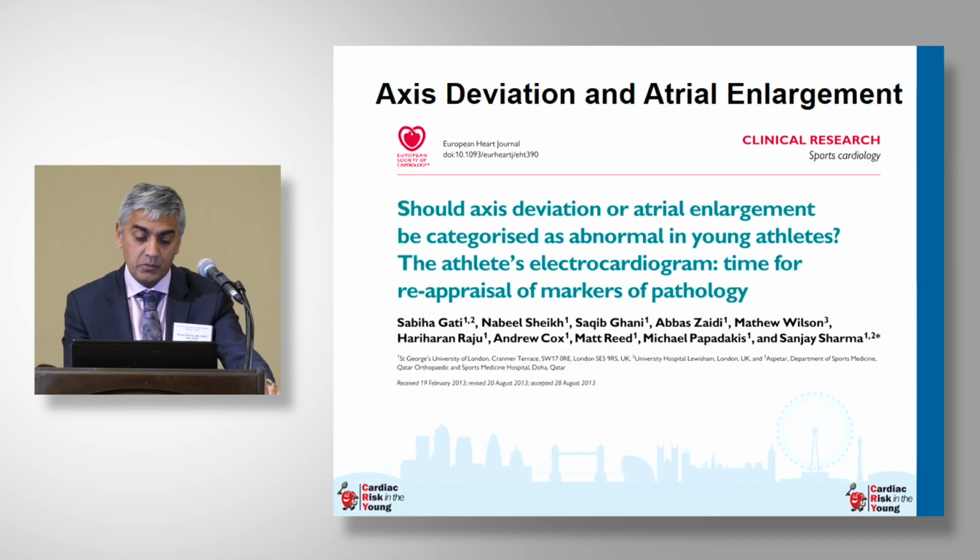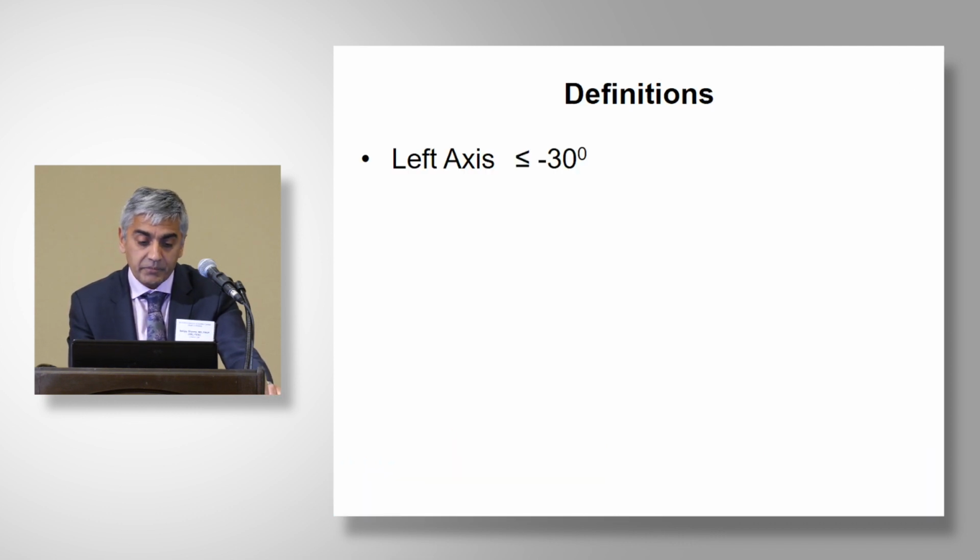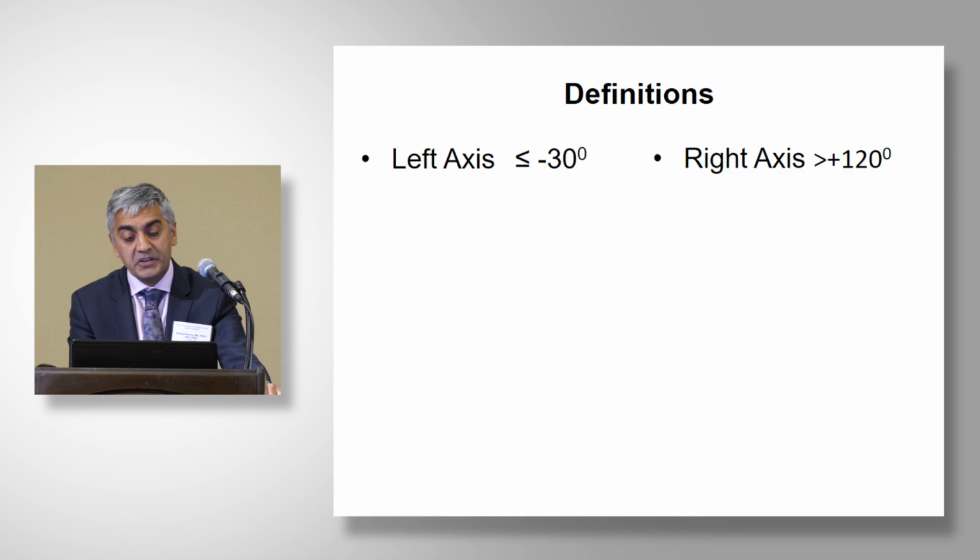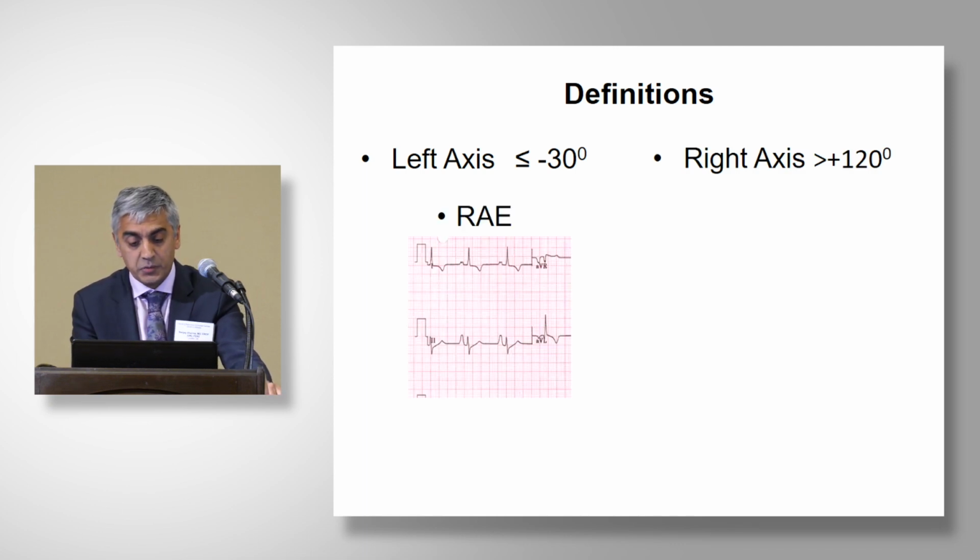And this study, again, John Dresner talked about it briefly. We looked at individuals with axis deviation and atrial enlargement to see how many of those had pathology. Our definition of left axis deviation was a QRS axis of minus 30 degrees, and right axis deviation was a QRS axis of plus 120.